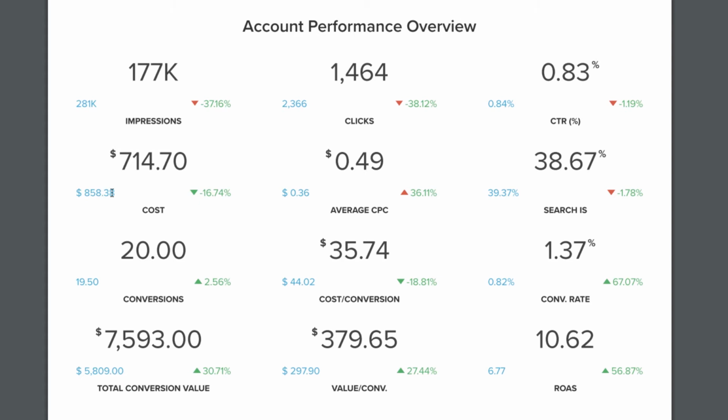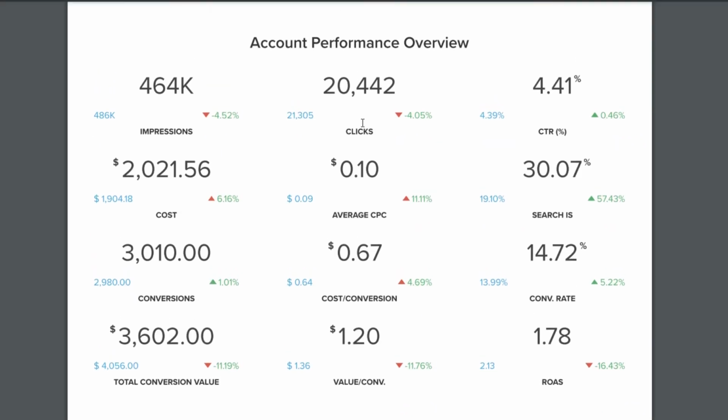So they're not spending a lot, under $1,000, but you can see in the last month, they had a $7,500 return on $700 spent. So they had over 10 times ROAS, which is high for them. Last month, you could see it was 6. So it tends to hover between 5 and 10, which is very good. Probably one of the best numbers I've seen for my clients.